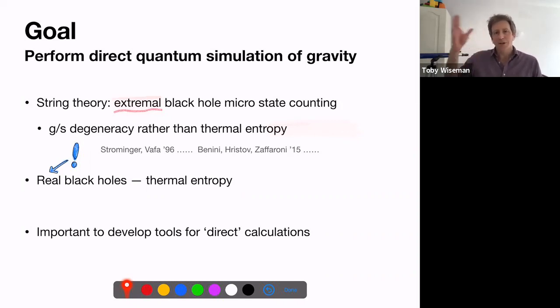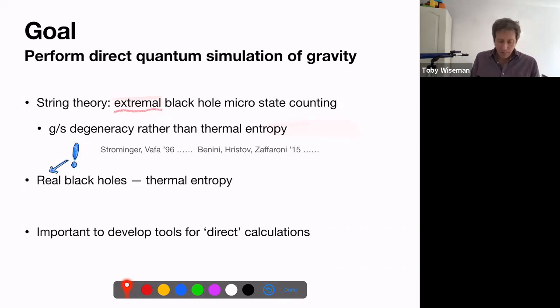So all this precision counting is really associated to counting microstates, where you've turned on some potentials or charges, and that forces you to have highly degenerate ground states. And then you have some method of counting those.